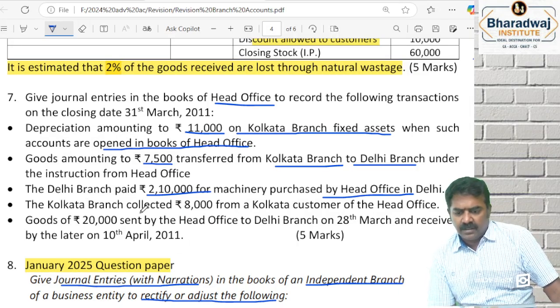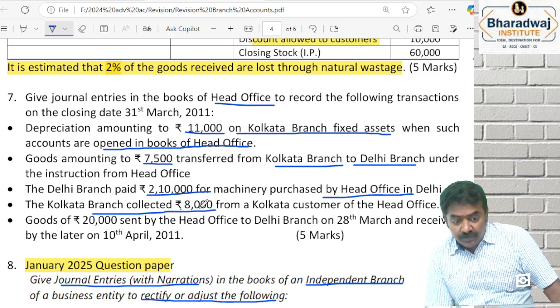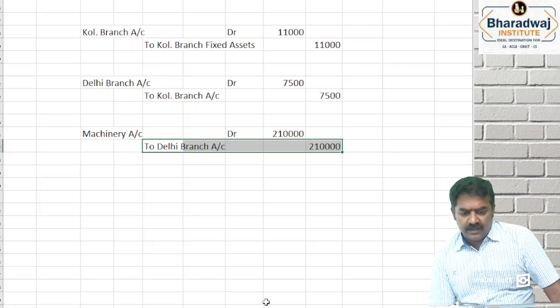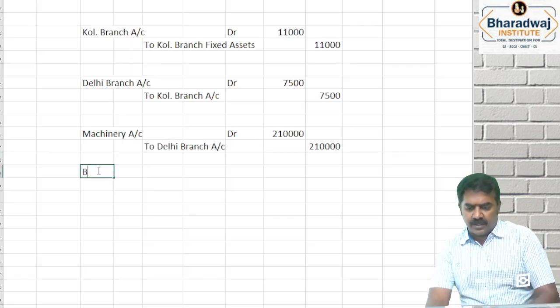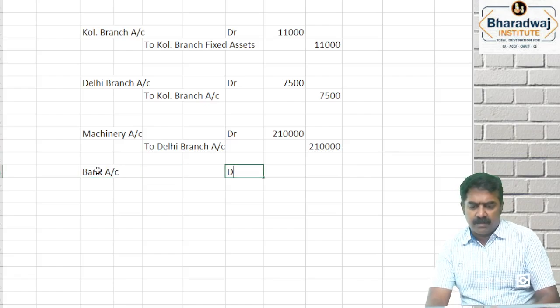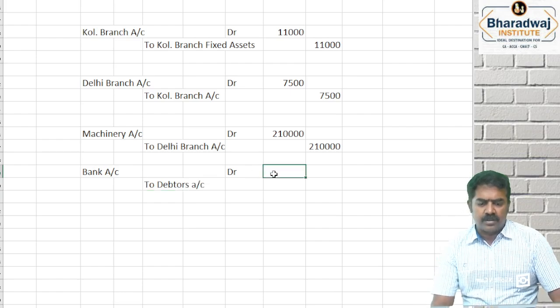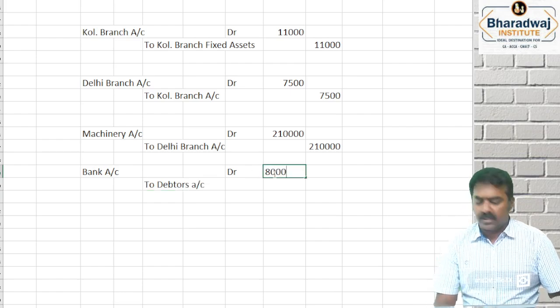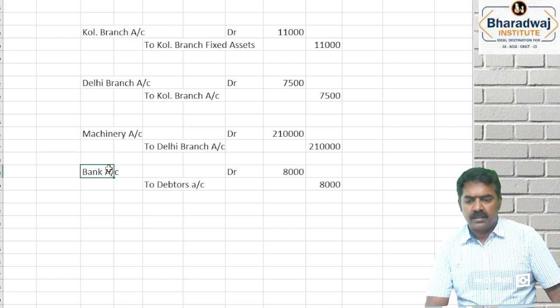Next part. Kolkata branch collected 8,000 for our customers of head office. See, when we collect money from customers, what entry will we pass? Bank account debit to debtors account. How much amount? 8,000. But did we collect money? Who collected money?